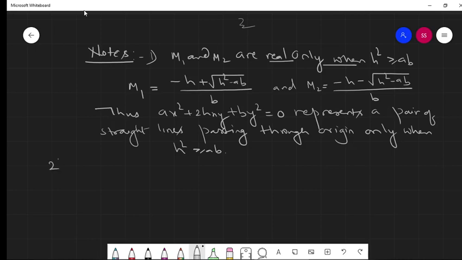And the note number 2 is, as I have shown, m1 is this and m2 is this.